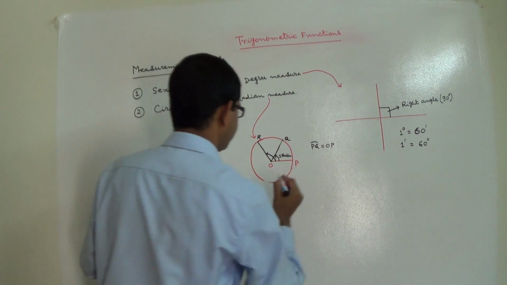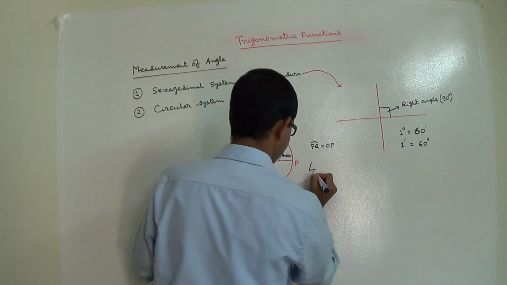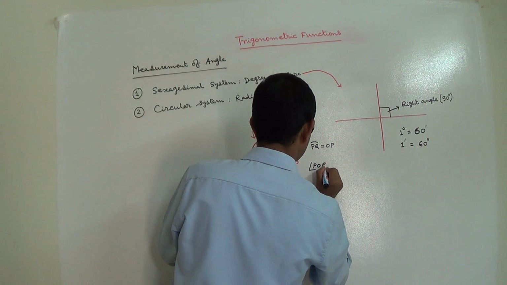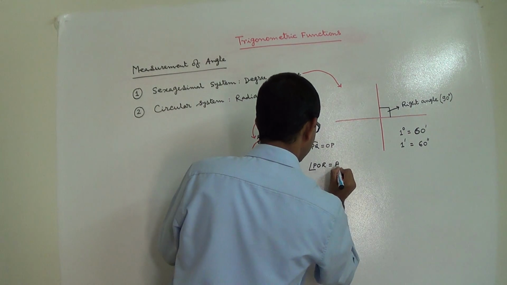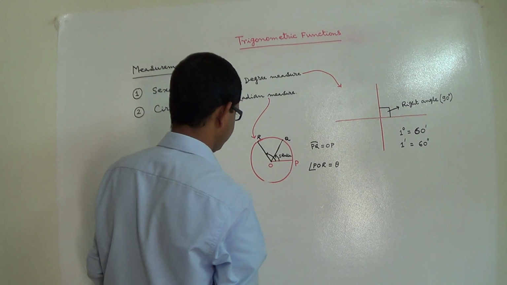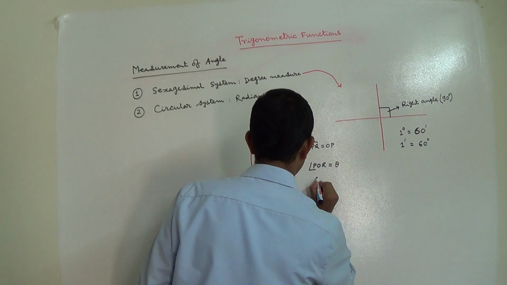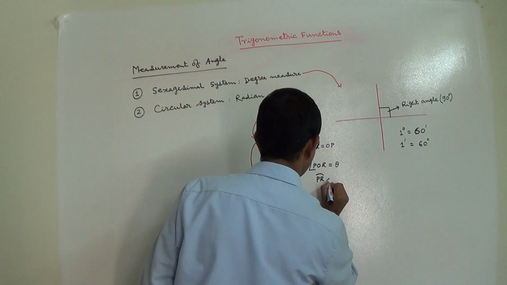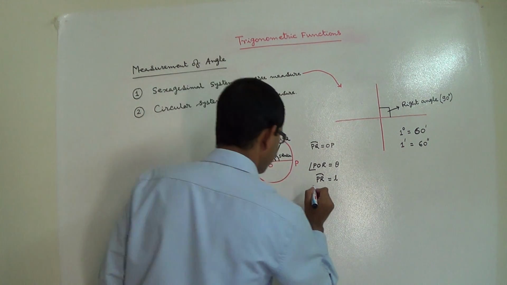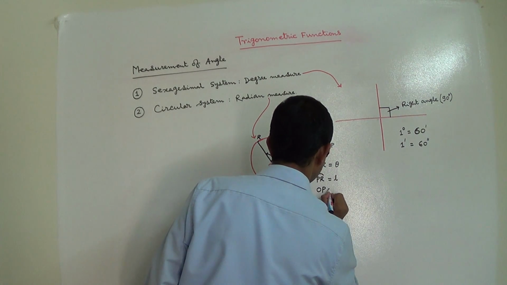The angle is denoted by this symbol: angle POR is equal to theta, and the arc length PR is equal to L, and the radius of this circle OP is equal to R.